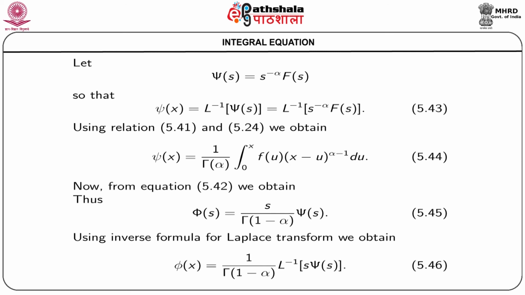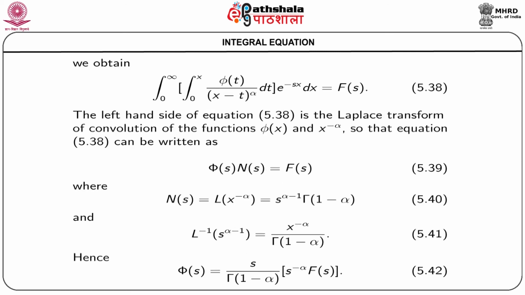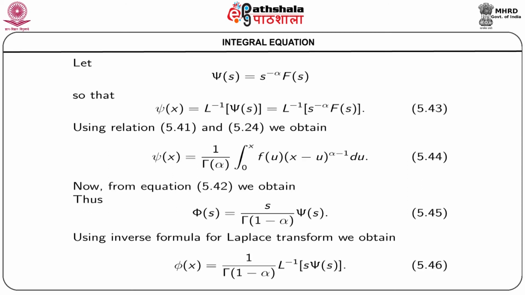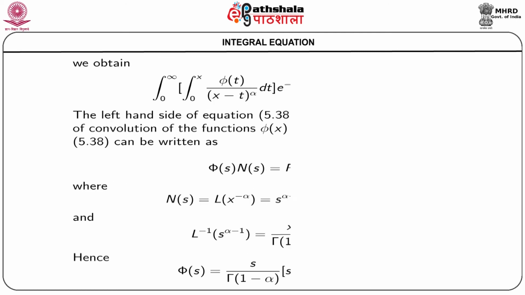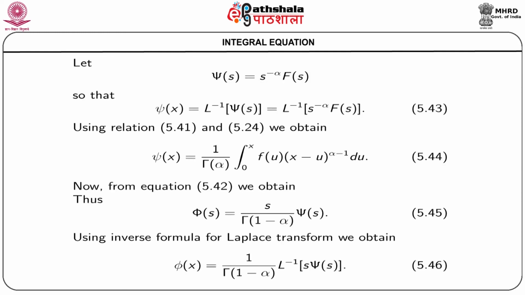Now, see that capital phi s is written as given in 5.42, which can be written as 5.45, where we have taken s to the power minus alpha into F s as capital psi s.